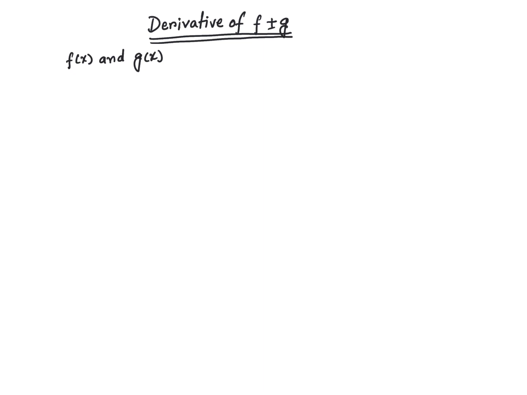So the derivative of f plus g of x, which, by the way, is f of x plus g of x. And let's call this new function my uppercase F of x. So finding the derivative of the sum of these functions is equivalent to finding the derivative of uppercase F of x.